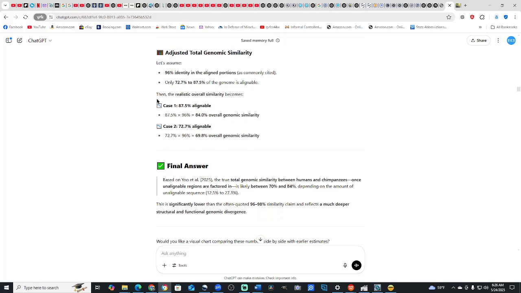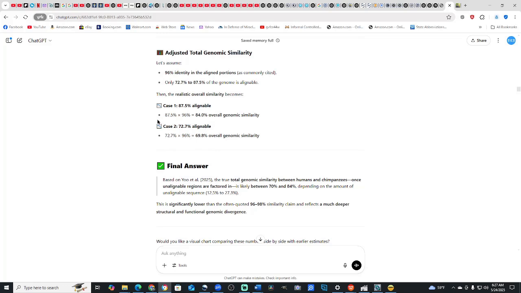Okay. Then the realistic overall similarities become, in case 1, 87.5% alignable, 87.5% times 96% equals 84% overall genomic similarity. And in case 2, 72.7% alignable, 72.7% times 96% equals 69.8%.